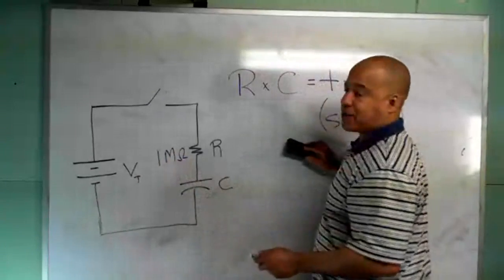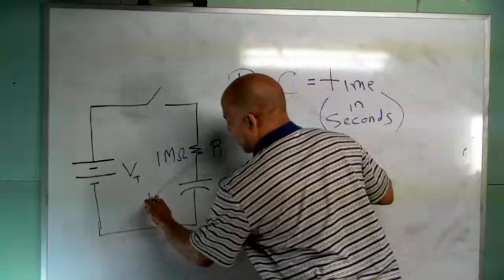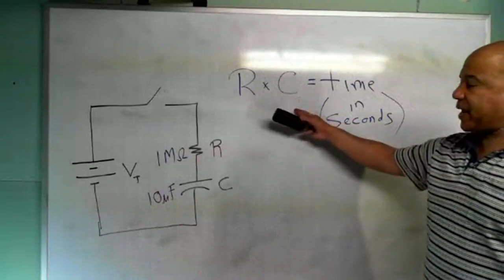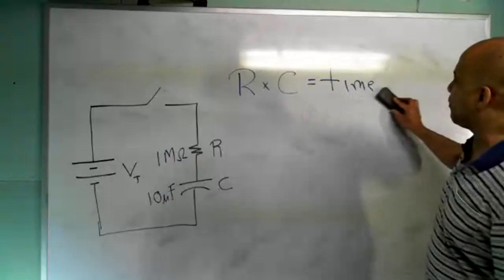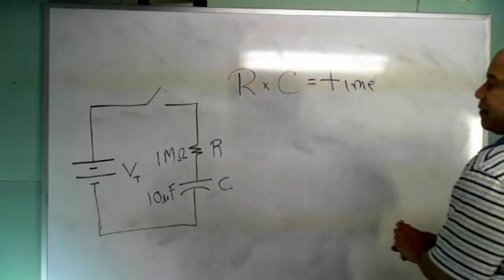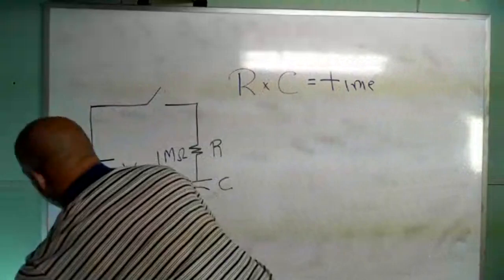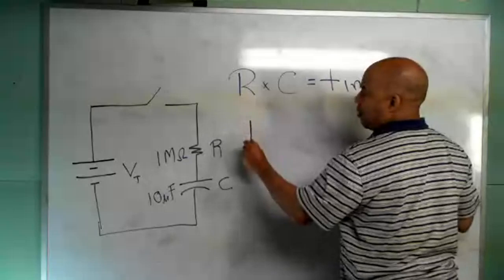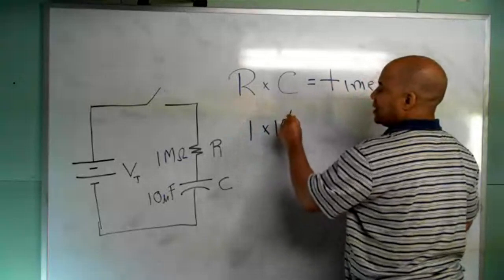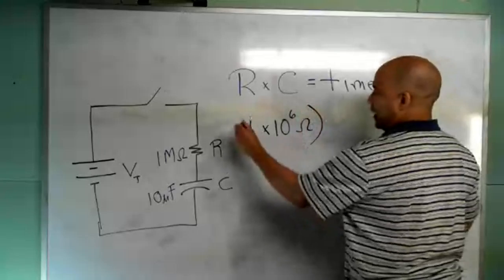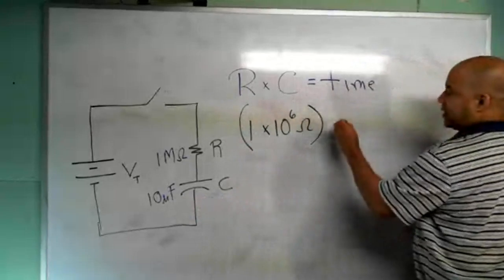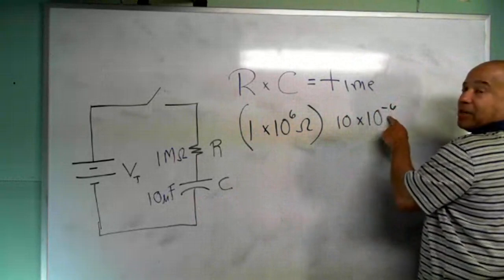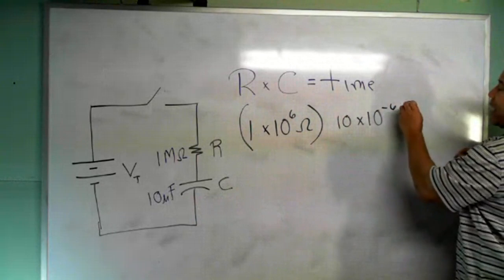And let's say that the capacitor value is 10 microfarads. And I can apply what I just learned right here to that circuit. I would say that R, which is 1 megohm. Now 1 megohm is 1 times 10 to the 6 ohms. So I'm multiplying that by 10 microfarads. That's 10 times 10 to the minus 6 farads.